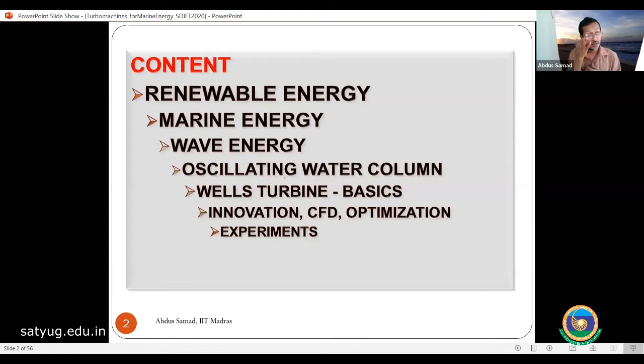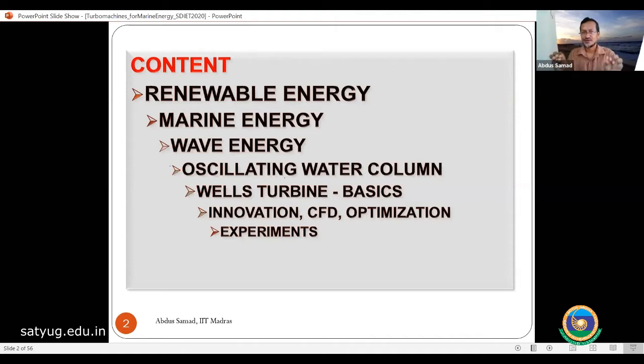Then among these, wave energy is there. Then wave energy also has maybe 1,000 different concepts. So among those 1,000 concepts, the oscillating water column device. Again, the oscillating water column has different configurations and designs, and they use a turbine.